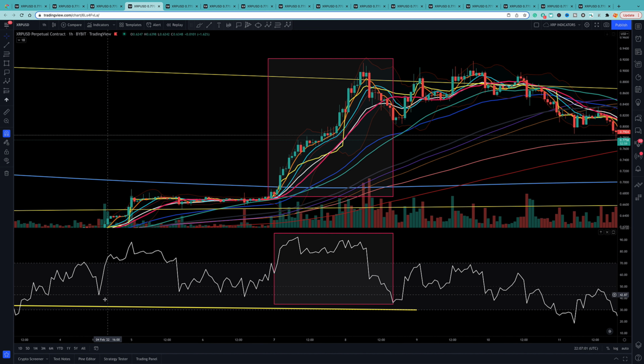So look at where price action is here. Look at the movement of the RSI. It moves in sequences and then it resets. So you've got to be careful that you don't look back too far and try to say, oh look, here's a divergence here when we're dealing with price action here.